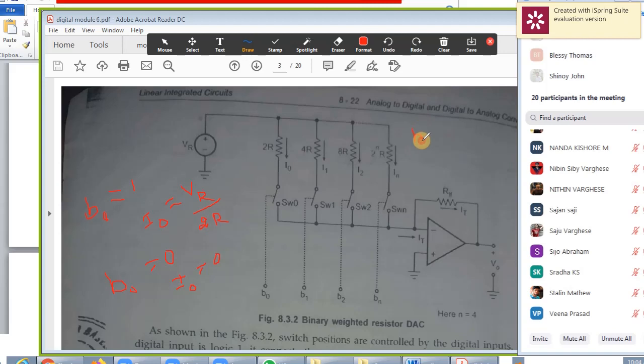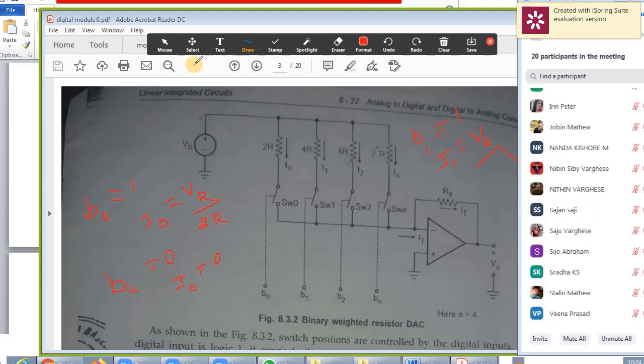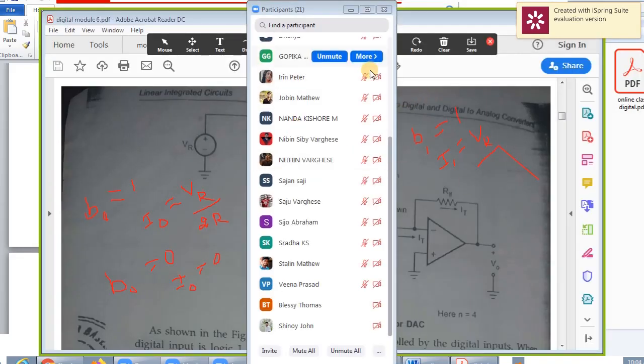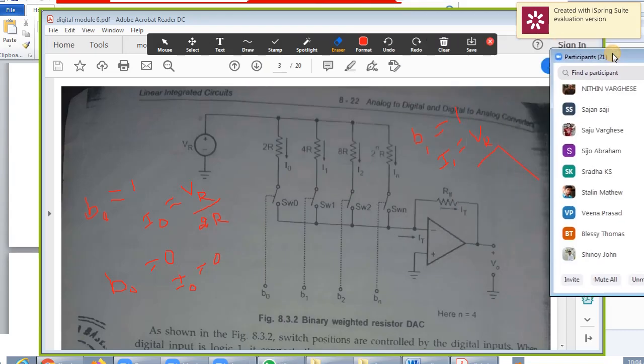So if B1 is 1, I1 is VR divided by 4R. And if B1 is 0, the switch is open, so I1 is 0.